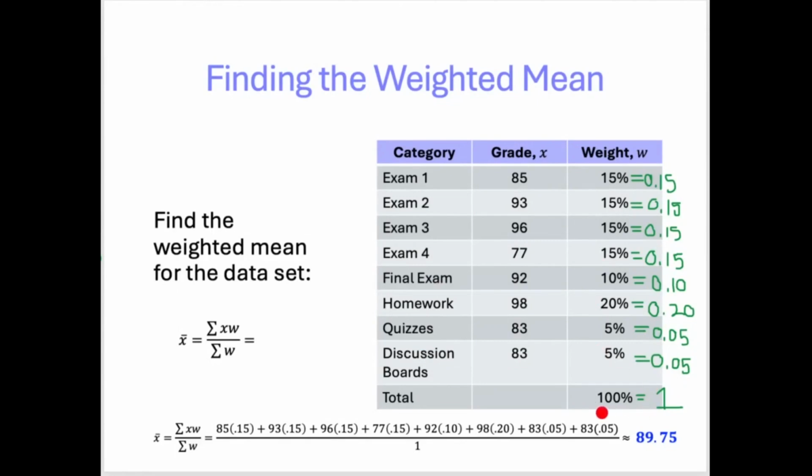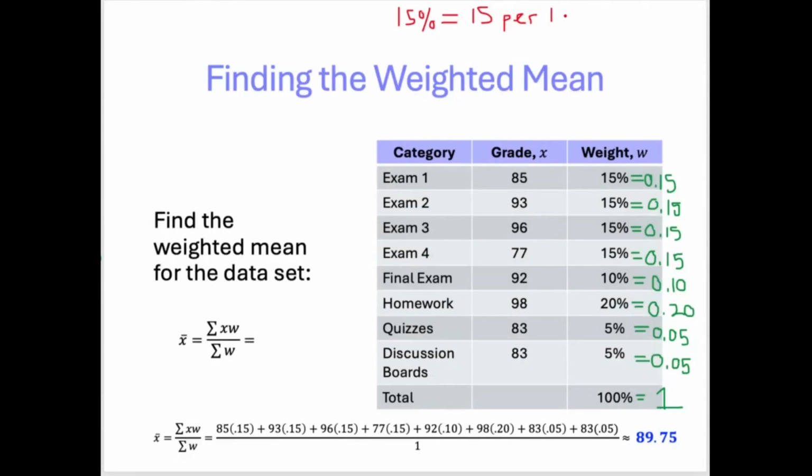In the total column, you could either have it as a percentage, so 100%, or if we convert these from percentages, remember, percent means per 100, right? So if I have 15%, let me just show you this real quick in case you need a review. If I have 15%, that means 15 per 100. Per, in math, per means to divide.